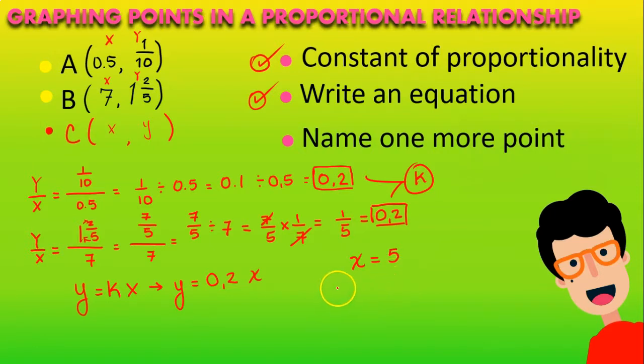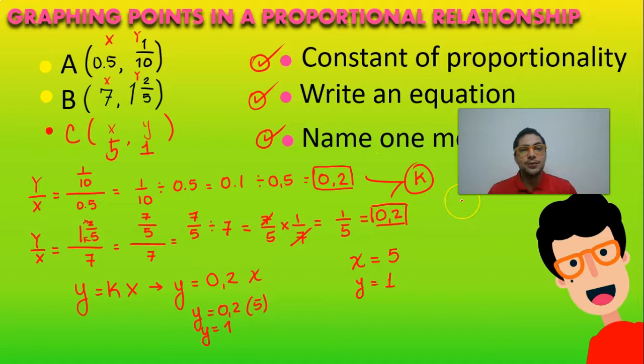It can be a decimal, a fraction, or an integer, any number. So in this case, x is equal to 5, so y is equal to 0.2 times 5. When you do that, that gives you 1. So y is equal to 1 for x equal to 5. That means the point is (5, 1), and that is going to be your last point.